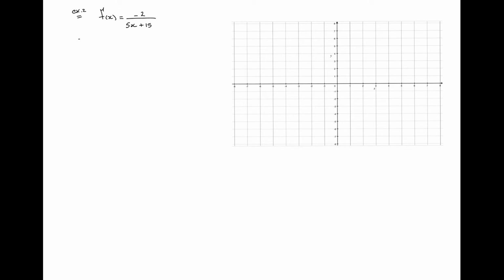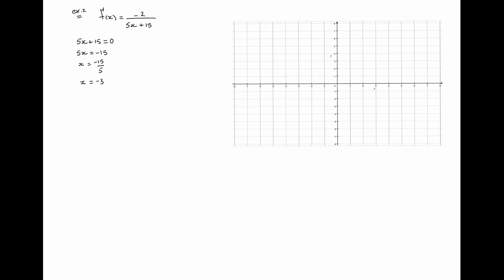So we solve 5x plus 15, which is the denominator, equals 0. This leads us to 5x equals negative 15, which leads us to x equals negative 15 over 5, which finally leads us to x equals negative 3.